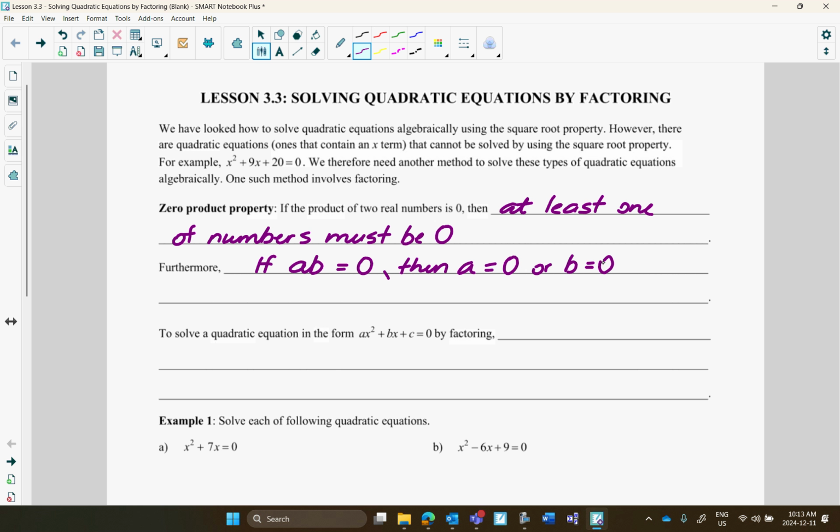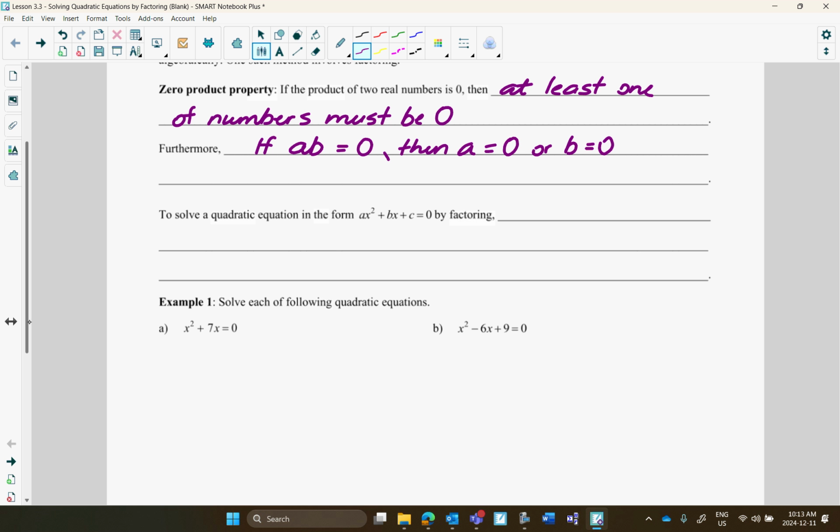And we already discovered how to solve by factoring. So what we have to do is, actually, I'm going to add this. This might be a problem. Make sure one side of the equation, the left or right, is zero.